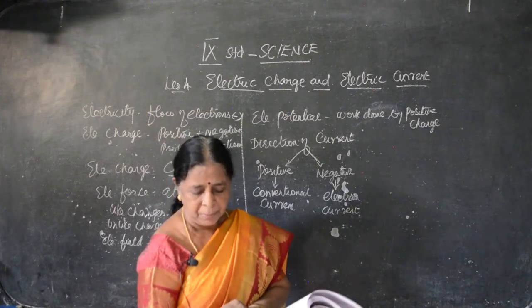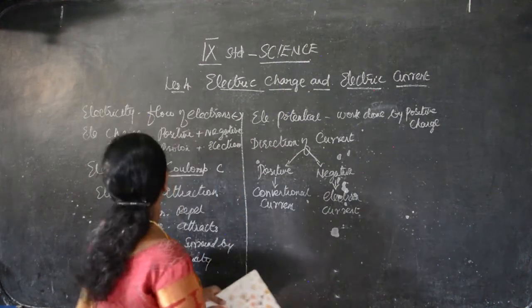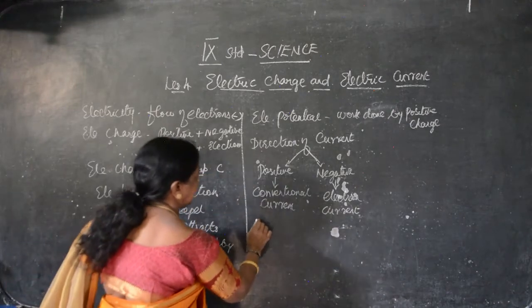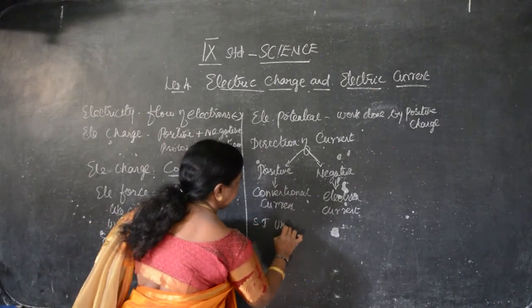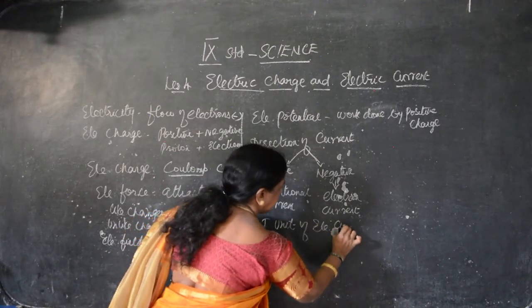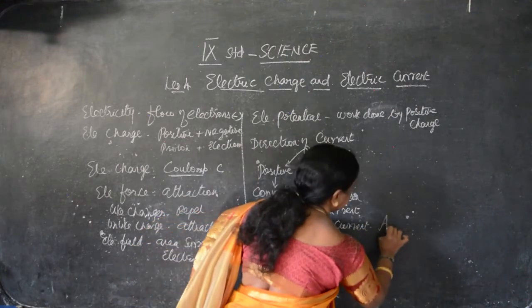This can be found out by using the SI unit of electric current, which is ampere. Electric charge is coulomb, I said. The SI unit of electric current is ampere.